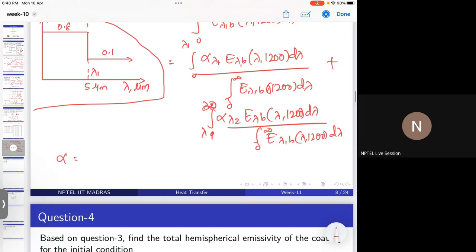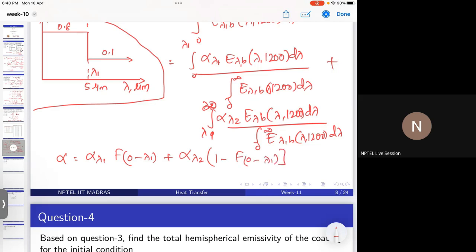So finally it will come out to be alpha lambda 1 times f, the black body radiation function, plus alpha lambda 2 times 1 minus f from 0 to lambda 1. I hope you understand how the 1 comes, because f from 0 to infinity is 1.